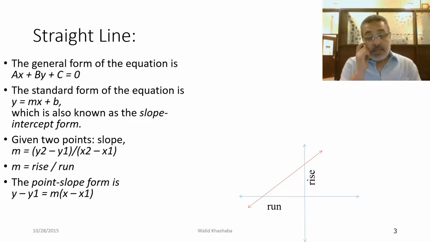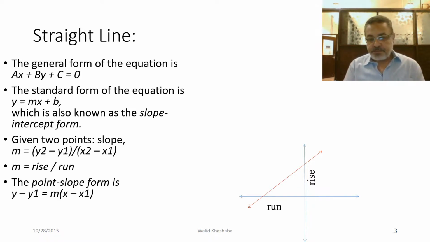Rise over run. And after that, we're going to study the attitude of the line, whether it rises to the right. Here it rises to the right, then the slope is going to be positive. If the line is falling to the right, then it has a negative slope.